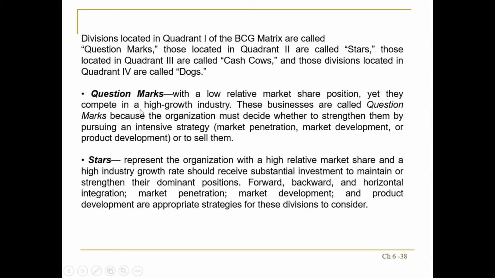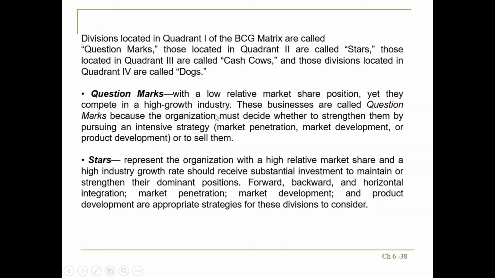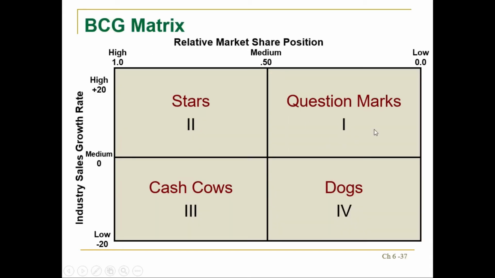So if your firm is lying in that question mark quadrant, where you are getting low relative market share but the industry is growing well, you have to decide whether to strengthen the firm or the organization by intensive strategies. So intensive strategies are the most appropriate suggestive strategies for the question mark kind of firm.